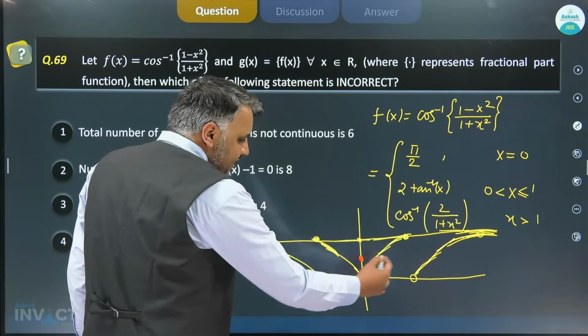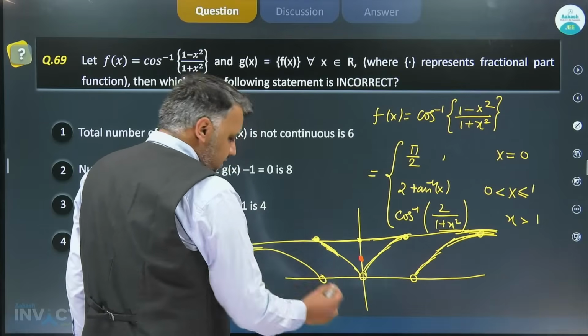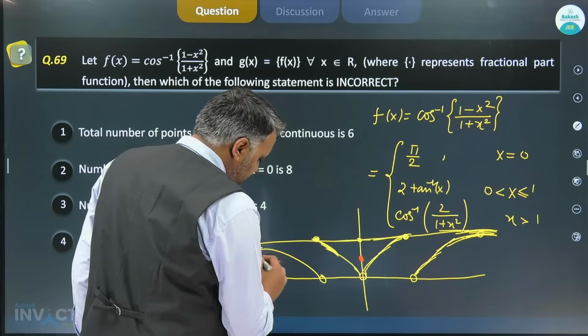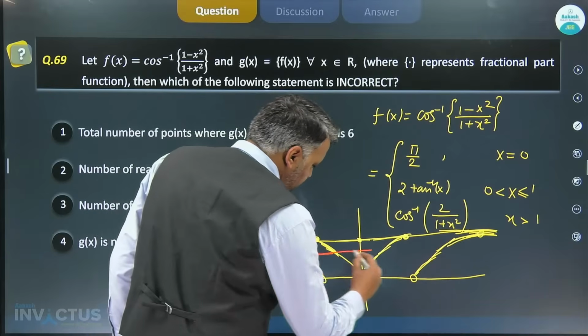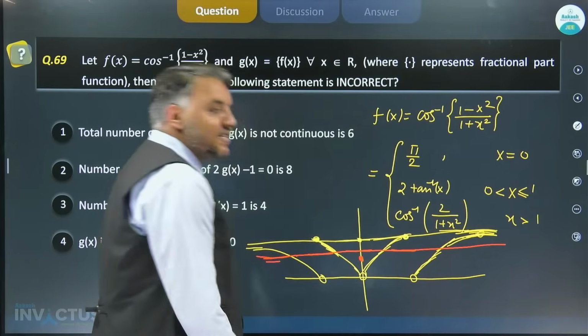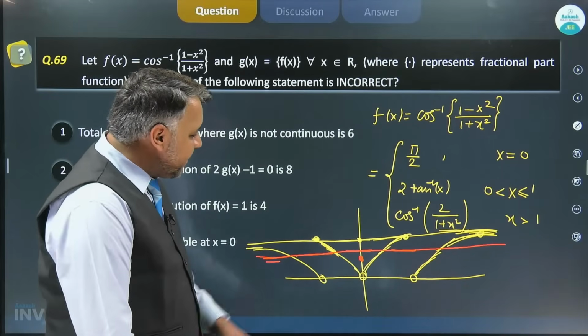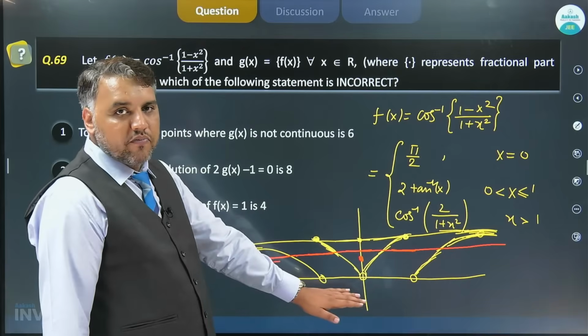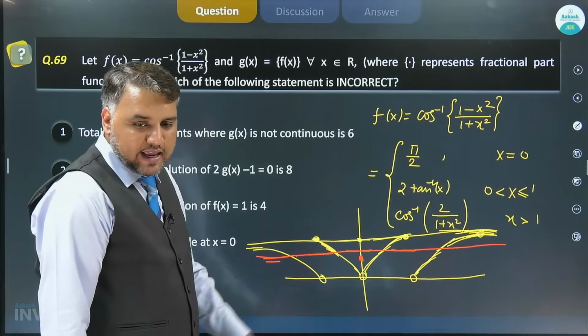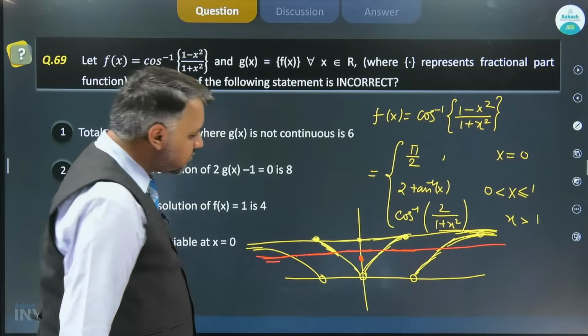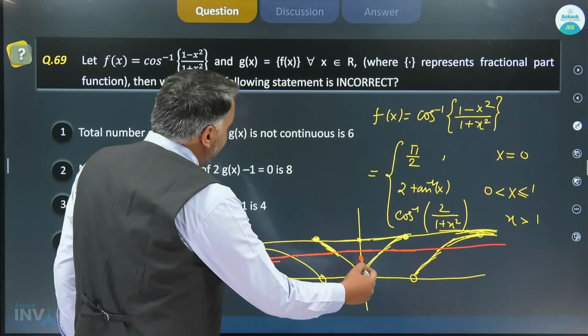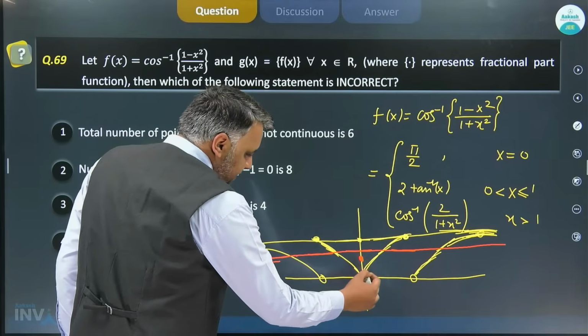Similarly, whenever fx lies between 0 to 1, this level is 1. So this level is y is equal to 1. Whenever fx is below this level, the fractional part will remain the same as fx. So the fractional part of fx, that is gx, will be this.